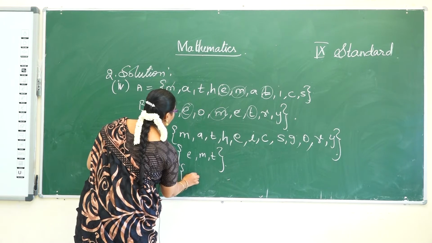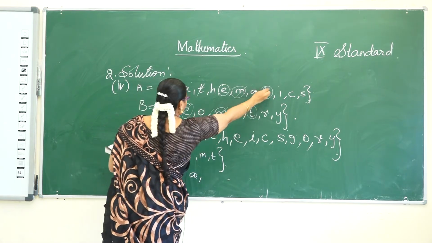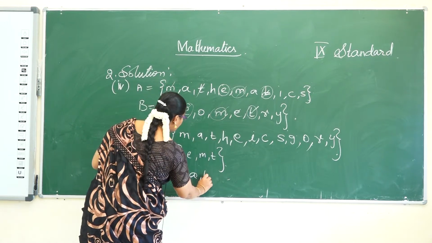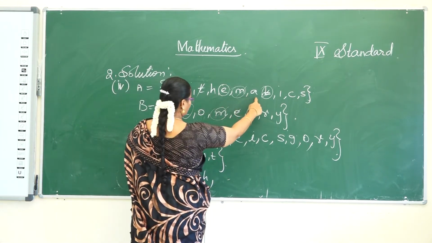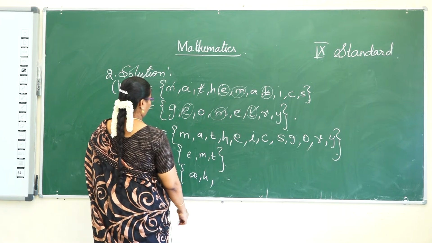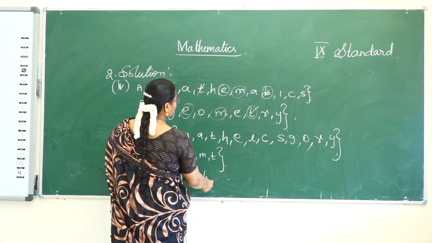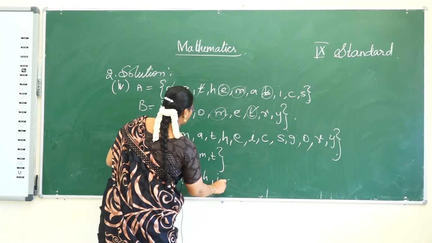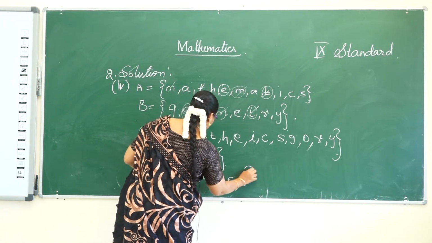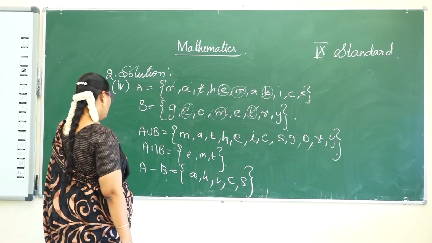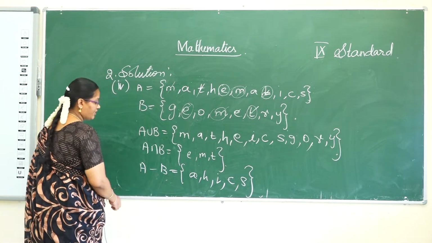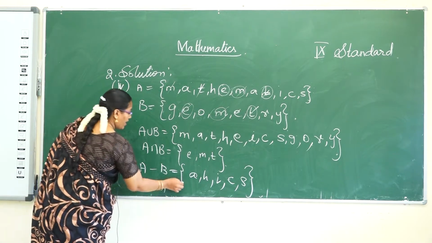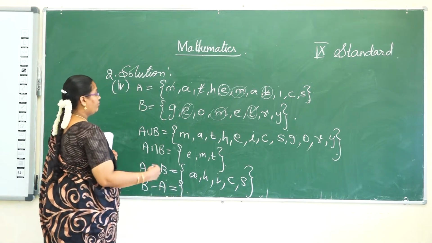A, T will be cancelled. Okay, A, then H, and next one, A is not there. A, H, and what are the remaining? I, C, yes. So A difference B is A, H, I, C.